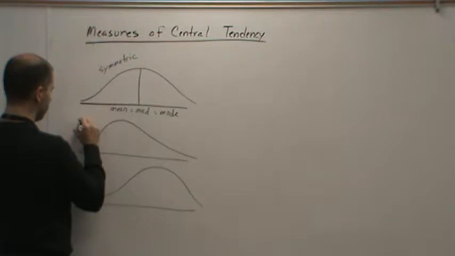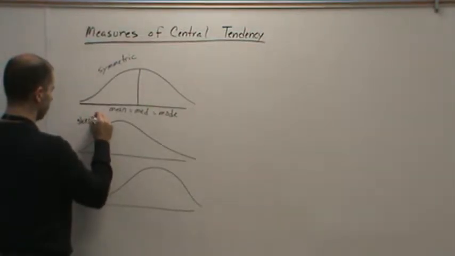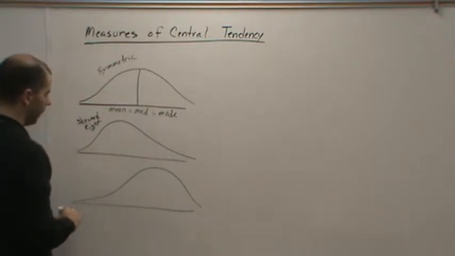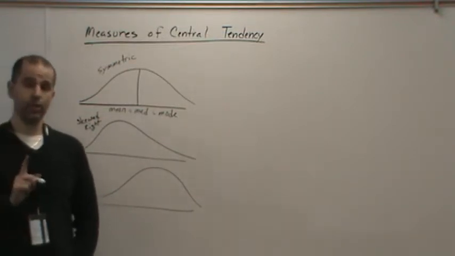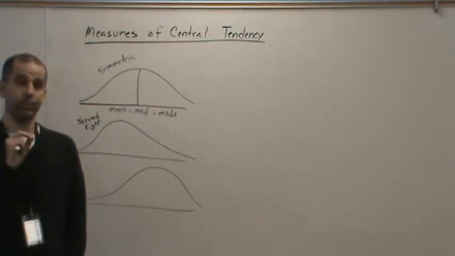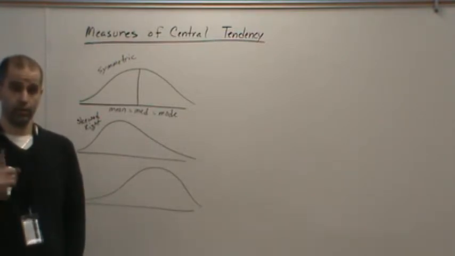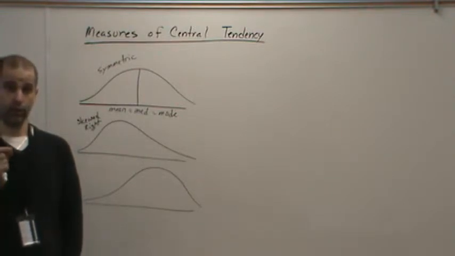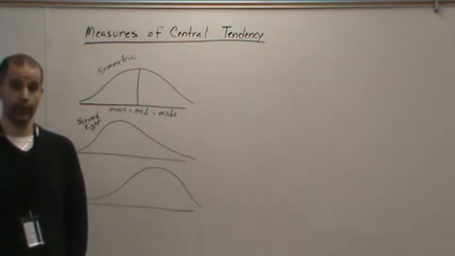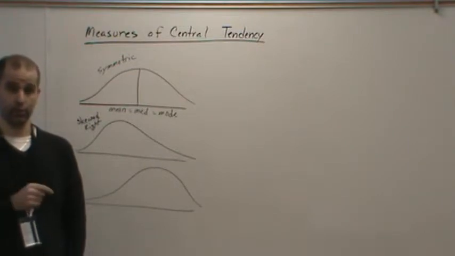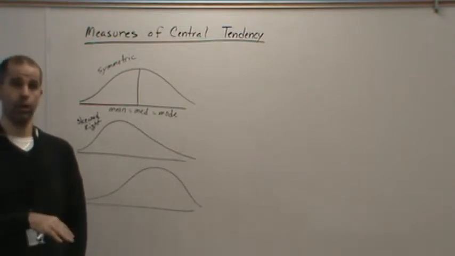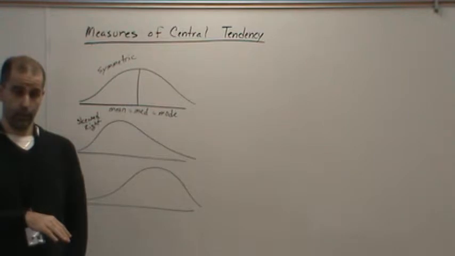So if it's skewed right, then what you have to understand is that the mean is more sensitive to skewness or outliers, extreme values, what we call very extreme values. Outliers are very extreme values, either small or large, okay?